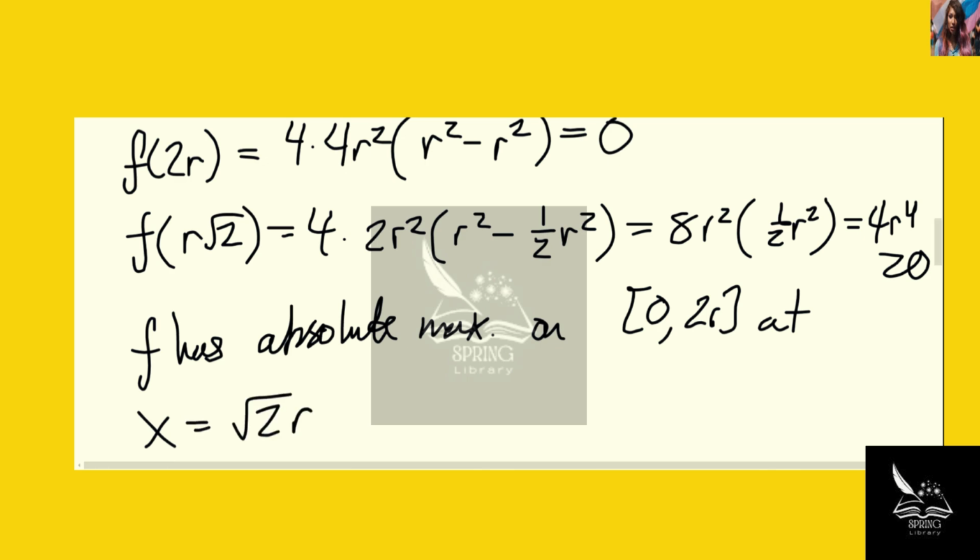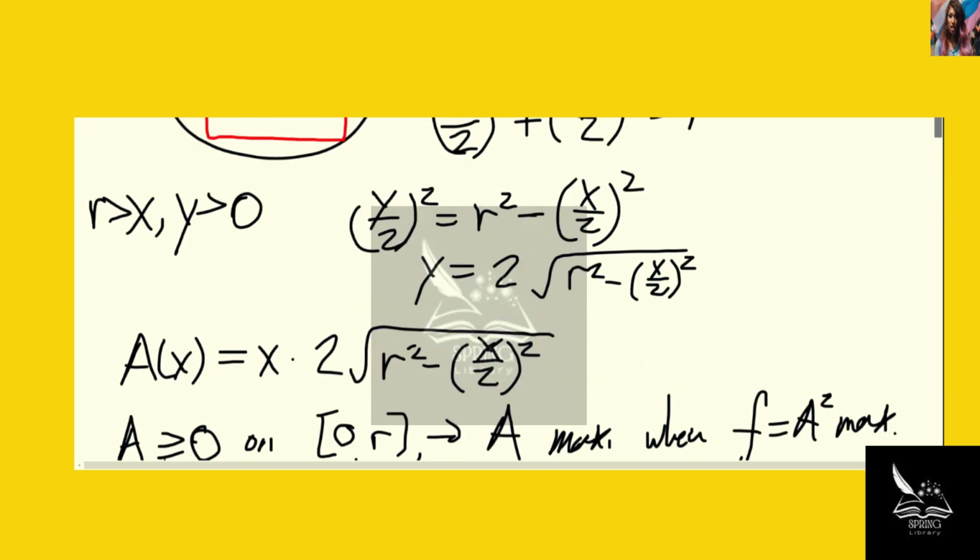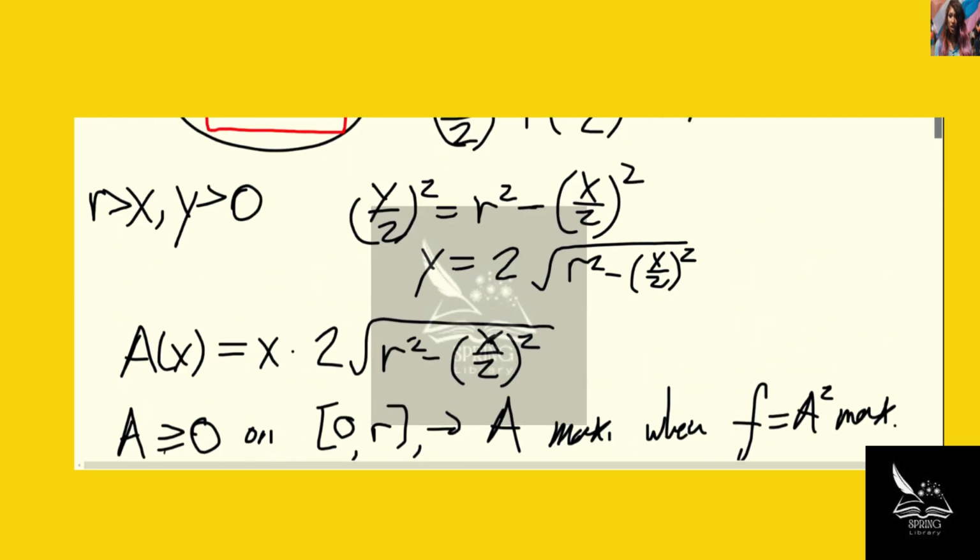Now to find the other dimension of the rectangle, we know that y is going to be 2 times the square root of r squared minus (x/2) squared.